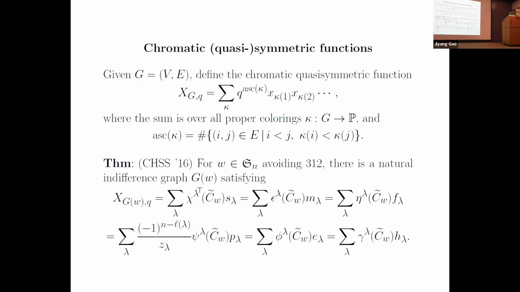Expansions in the Schur basis, binomial basis, and forgotten basis yield coefficients which are evaluations of irreducible characters, induced sign characters, and induced trivial characters respectively. In the elementary expansion coefficients, we see binomial trace evaluations. The Haiman's conjectured binomial trace positivity implies the positivity of the chromatic symmetric function.